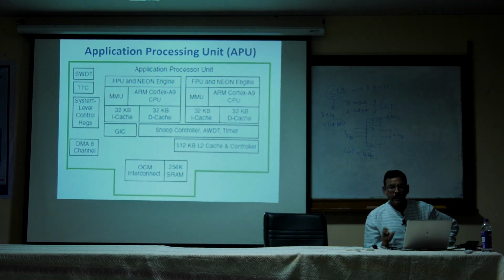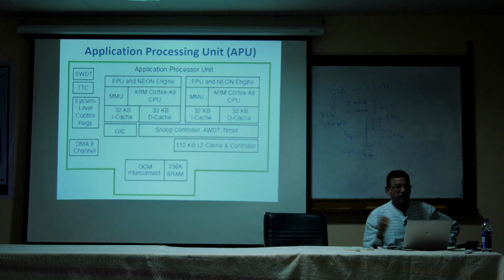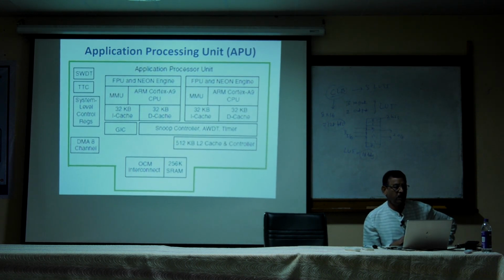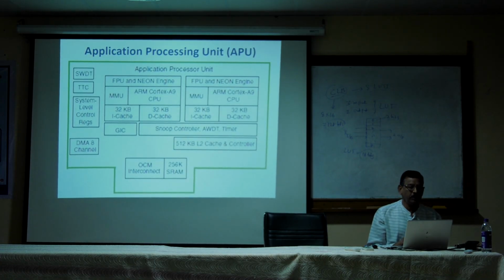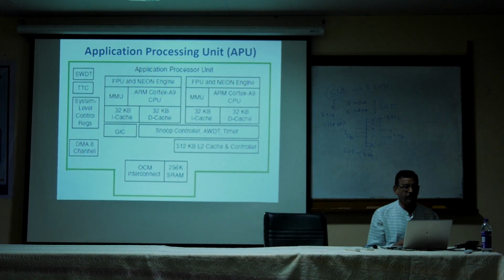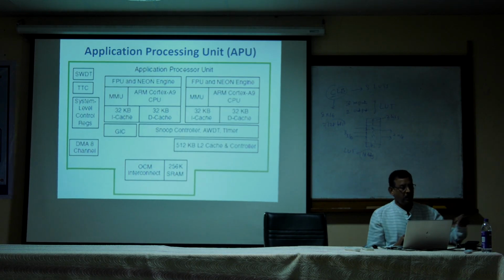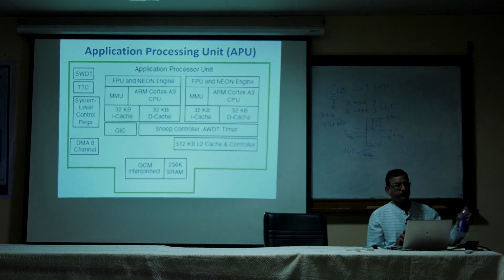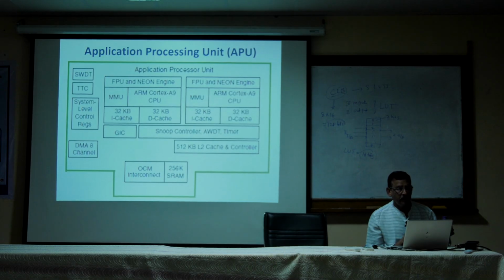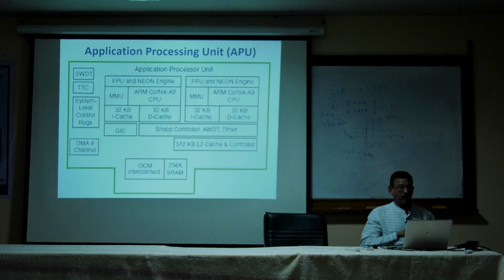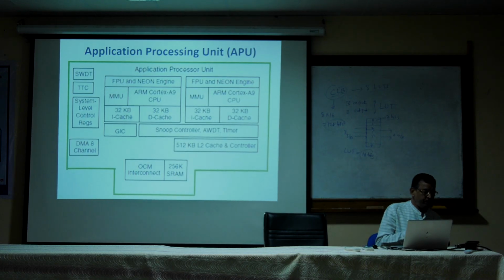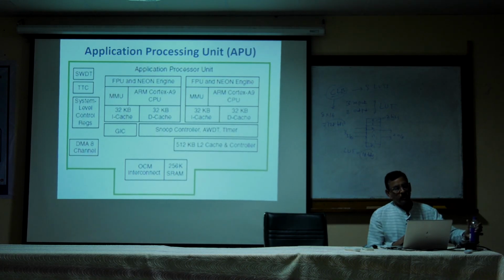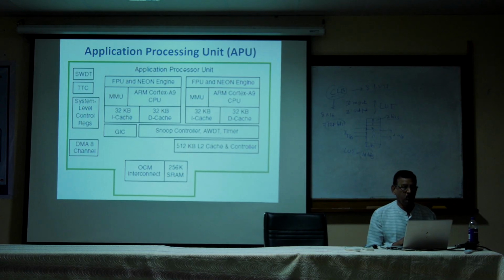DDR means we can interface 2 GB, 4 GB, or 8 GB of memory. Then on-chip cache memory is also present here: 32 KB instruction cache and 32 KB data cache. Two such processor cores are there.